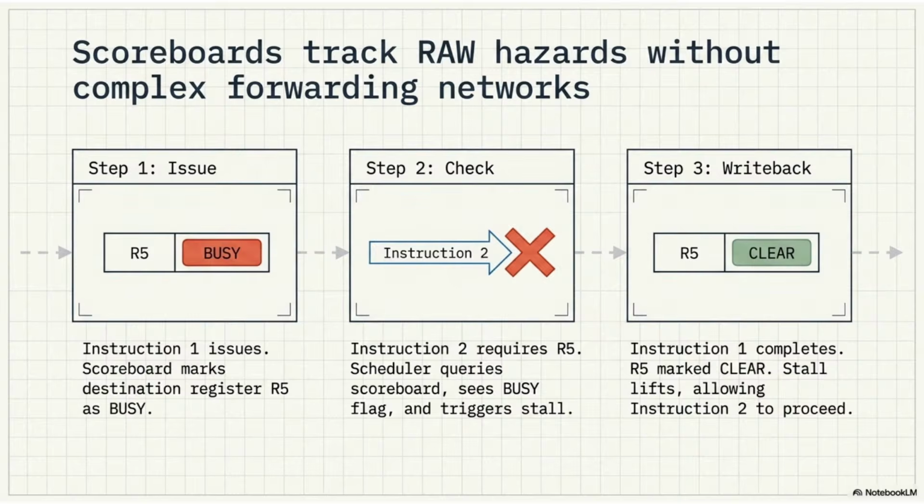First, it issues and marks that register and keeps the record of it. Second, if some instruction requires that register which is already busy, it blocks or stalls the instruction, and then checks if R5 has been cleared or written back. And then it lifts the stall, and instruction 2 gets into the pipeline for computation.